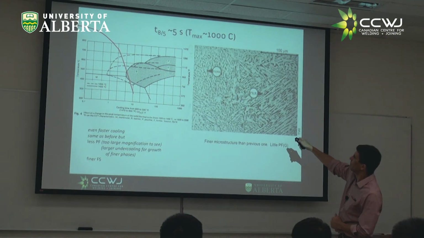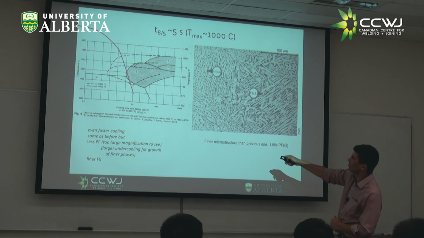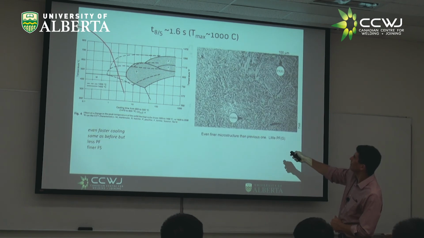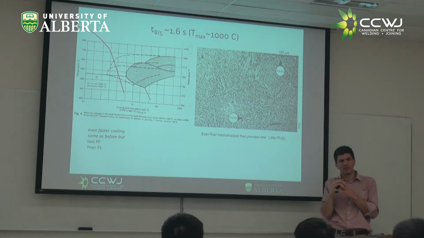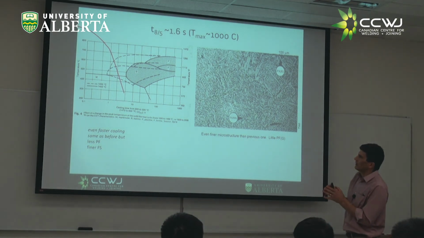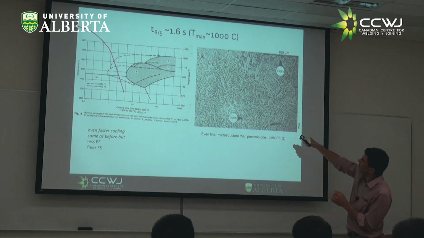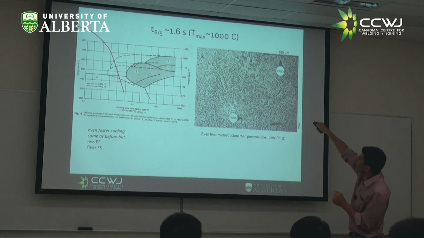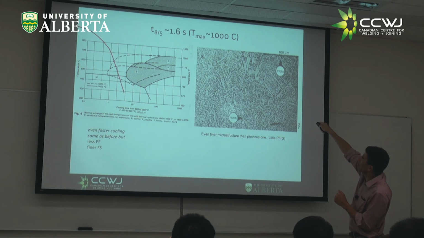If I cool down even faster, I get finer microstructures. Faster, even finer microstructures, right? And you get to see how it's the same thing, right? This white is the primary ferrite, and these other things are like these bainitic type of structures.